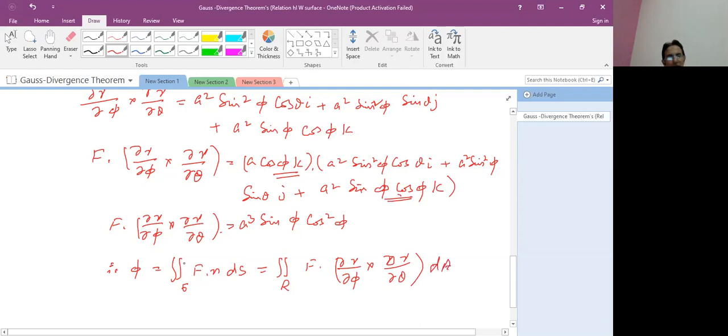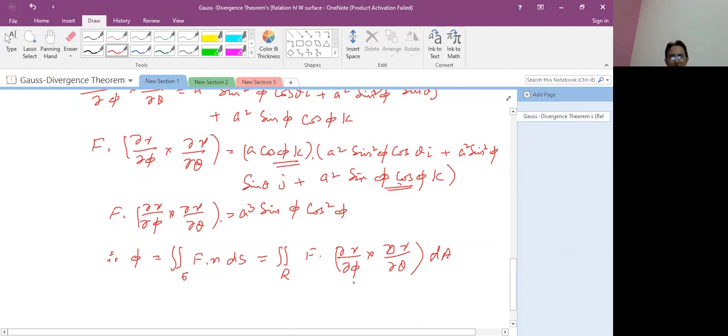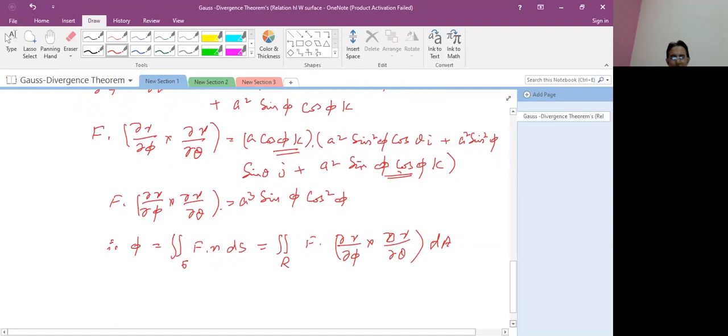So student, the double integral over sigma of F dot n ds we will convert into this form. Then we find the integral value.